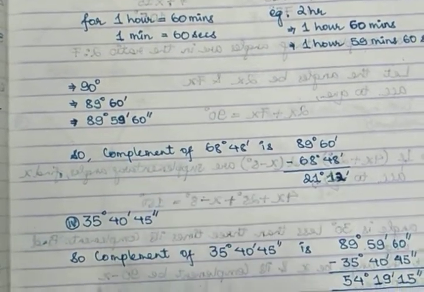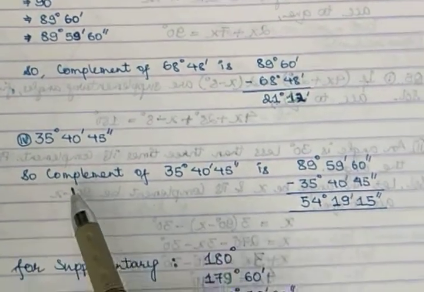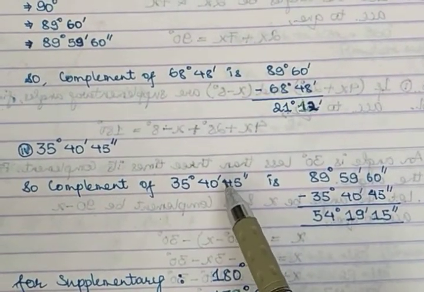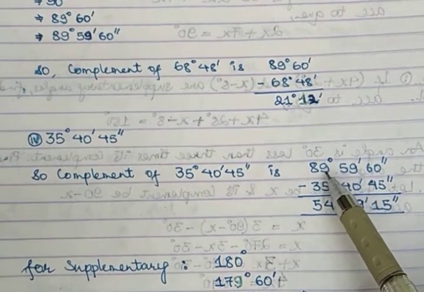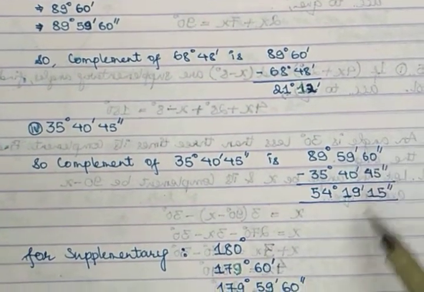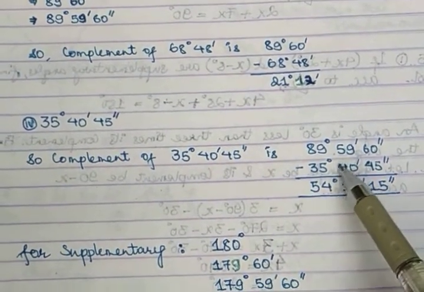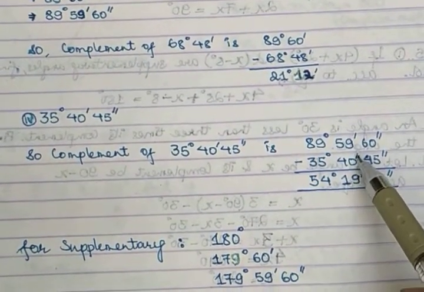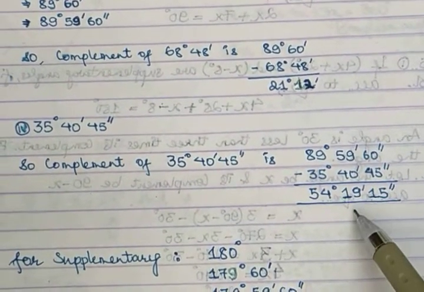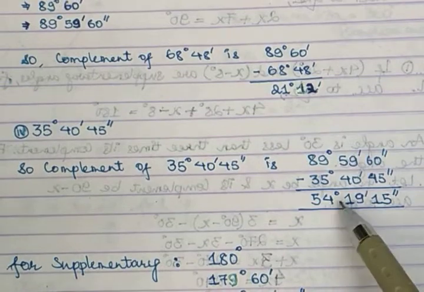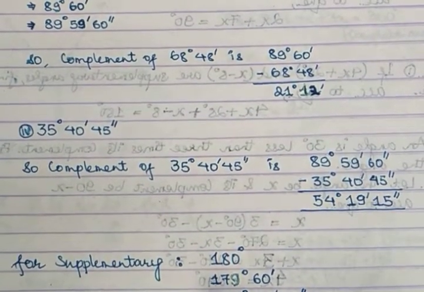Since we need to find a complement, the complement of 35 degree, 40 minutes and 45 seconds will be 89 degree, 59 minutes and 60 seconds, which means the same thing, 90, minus 35 degree, 40 minutes and 45 seconds. Simple subtraction, and I got my answer as 54 degree, 19 minutes and 15 seconds.